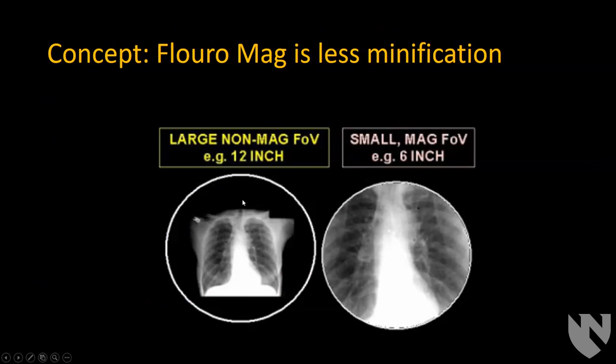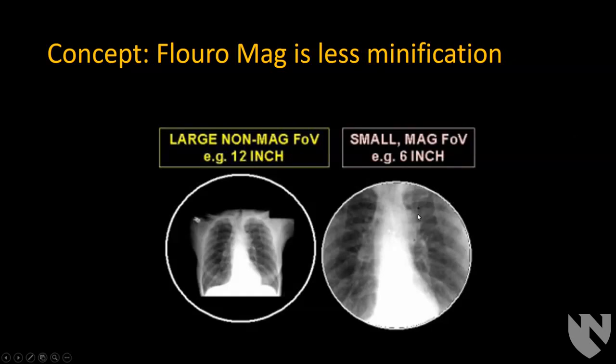Also, the more you magnify in fluoro, the less minification there is. You're taking a smaller area of the photocathode where the X-rays are received, and you're sending that to the same area on the output phosphor, so you get less minification, and that's what magnification is.